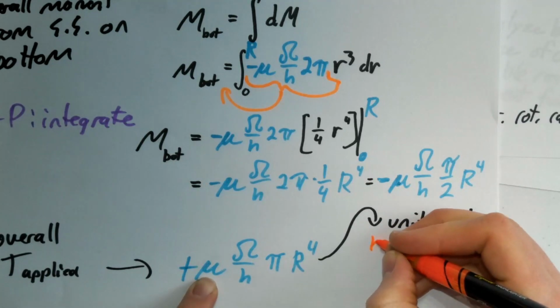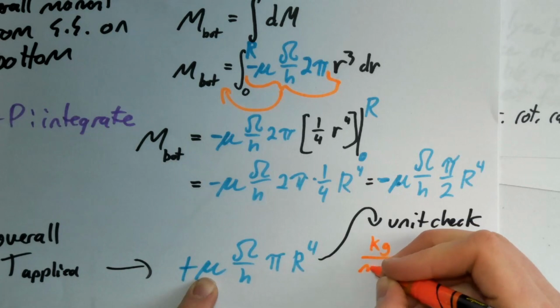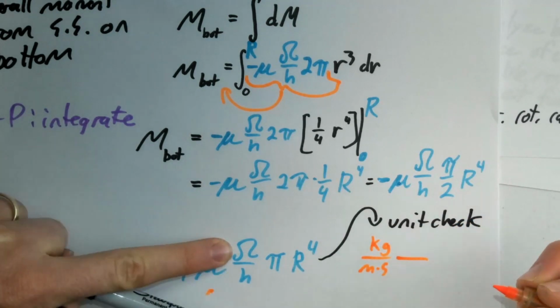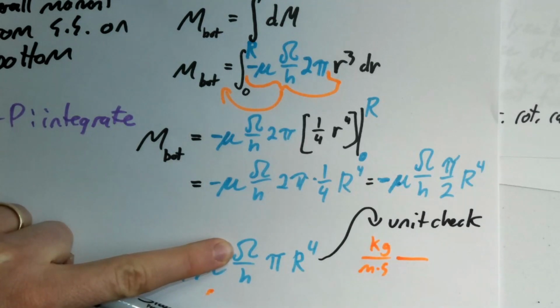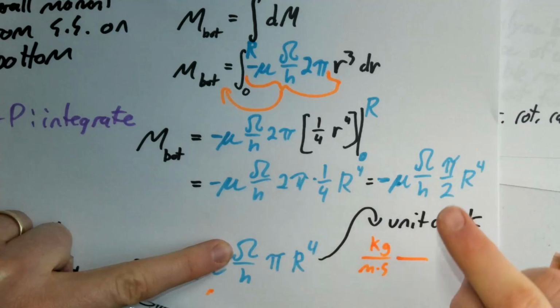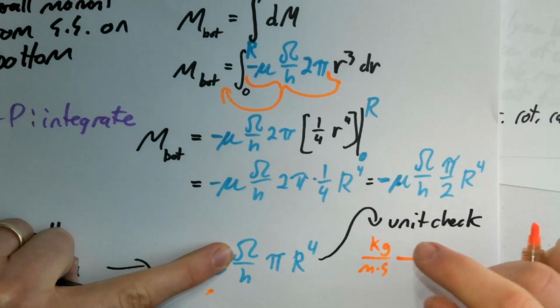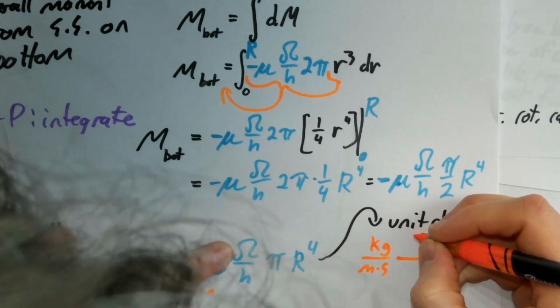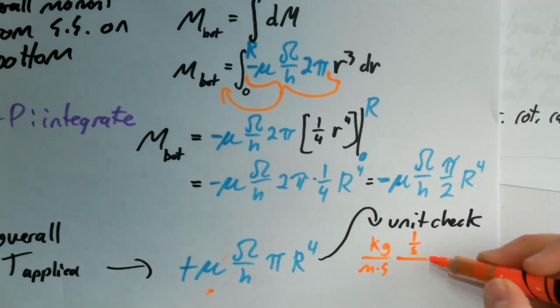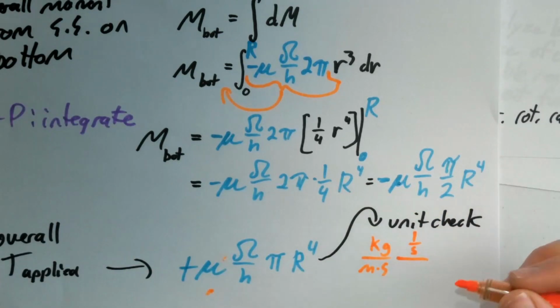Viscosity, if you dust off your notes, is going to have units of kilograms per meter second. A rotation rate, strictly speaking, has radians per second, but if you remember, radians secretly aren't units at all, right? Radians are essentially unitless. So the numerator right here is really just inverse seconds, like 1 over seconds.